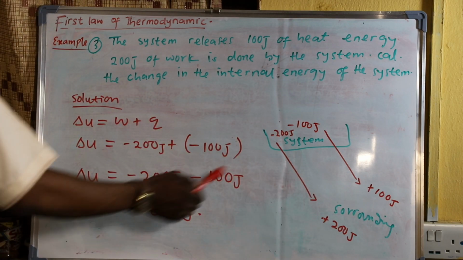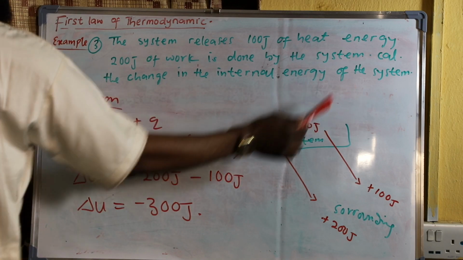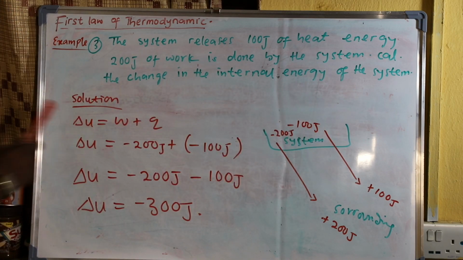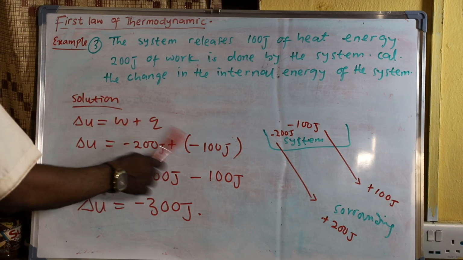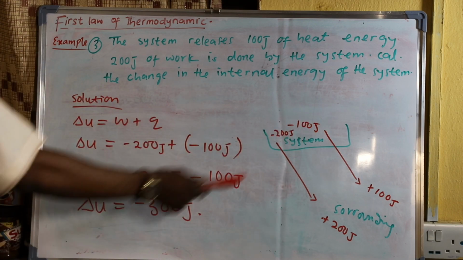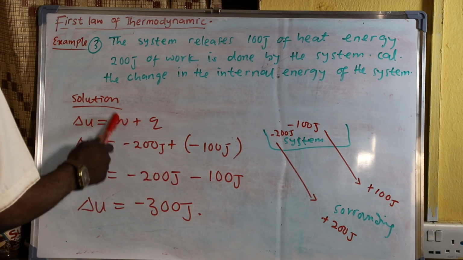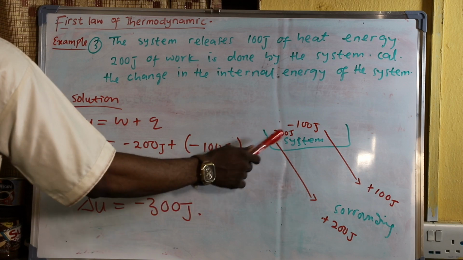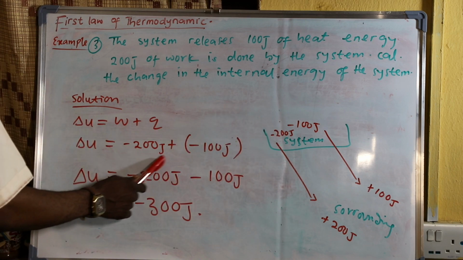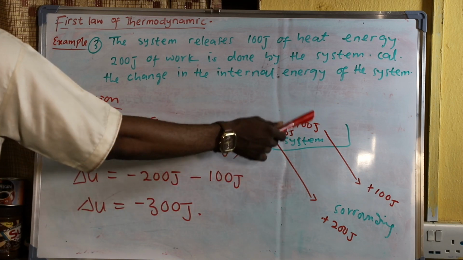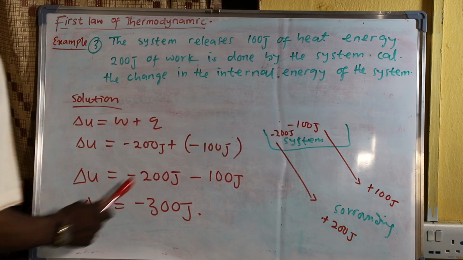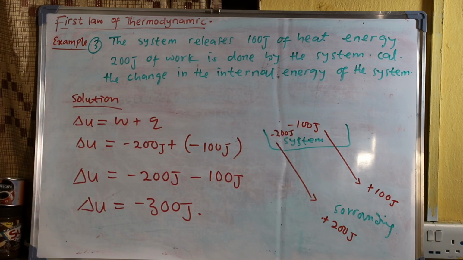So we are going to calculate the internal energy of the system. Using the formula dU is equal to W plus Q, and substituting these values of the system, dU is equal to W, the work lost by the system, minus 200 joule, plus Q, the heat lost by the system, minus 100 joule.